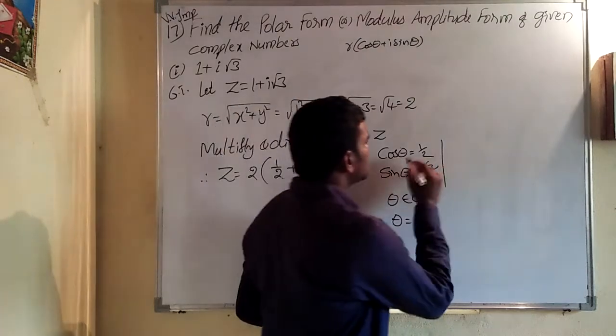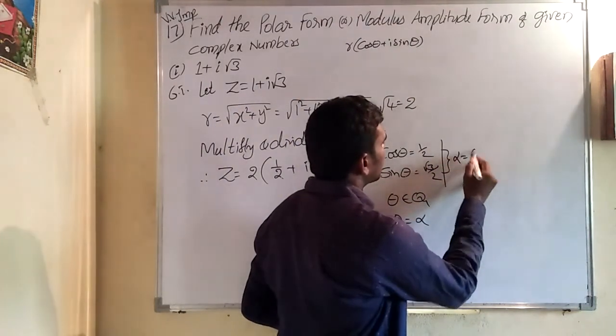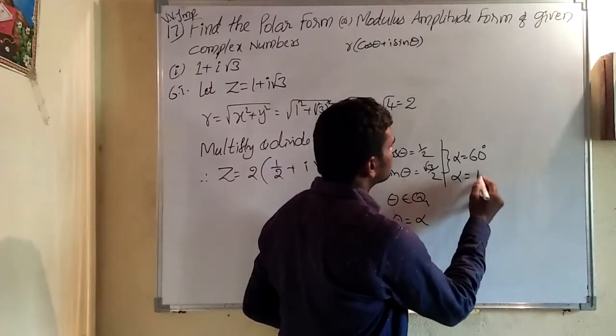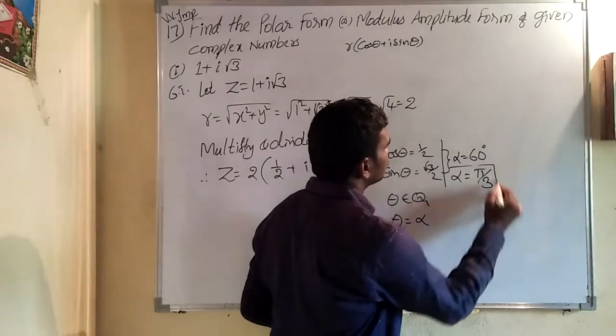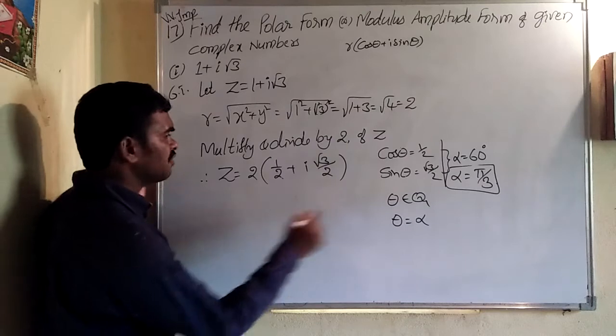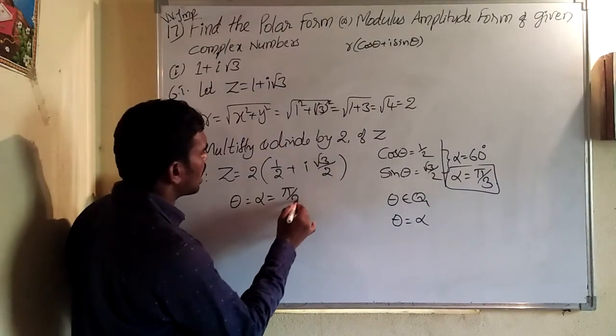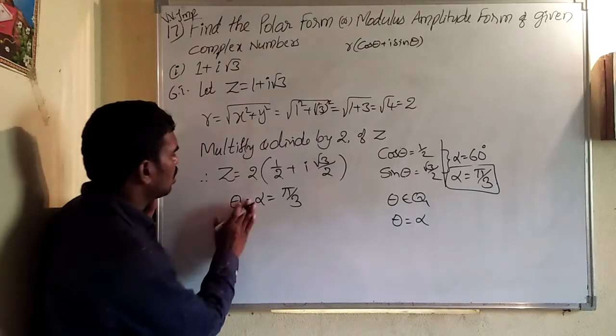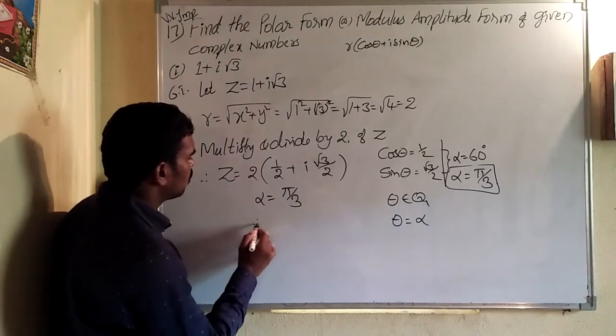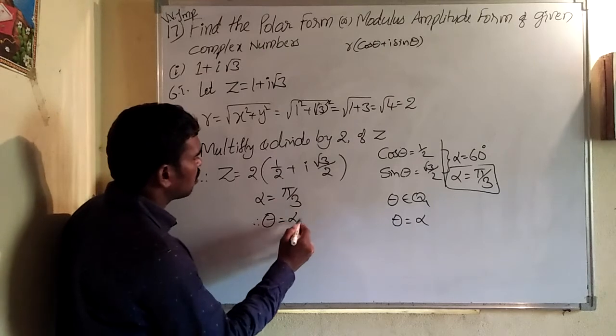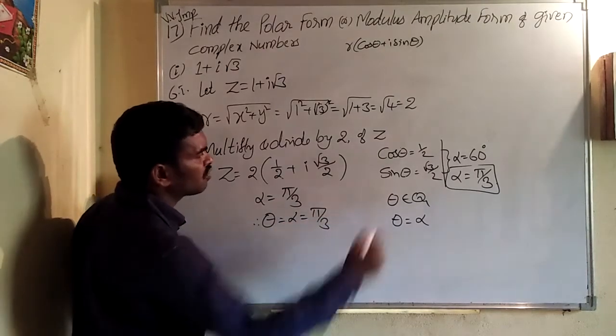Yes. So here angle alpha can be taken as 60 degrees, which in radians is pi by 3. Therefore theta equals alpha equals pi by 3, belonging to the first quadrant.